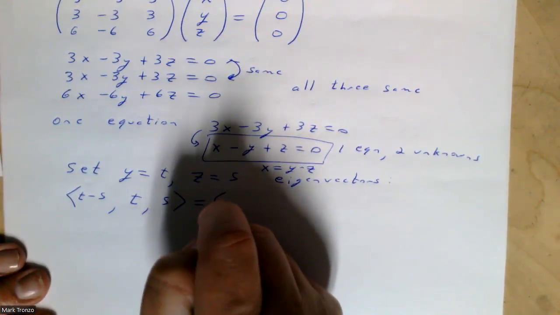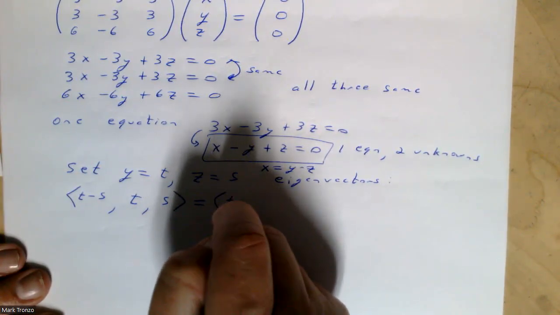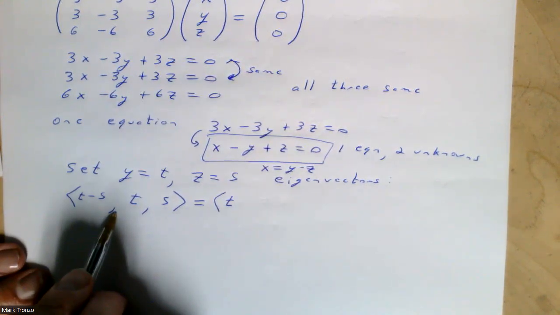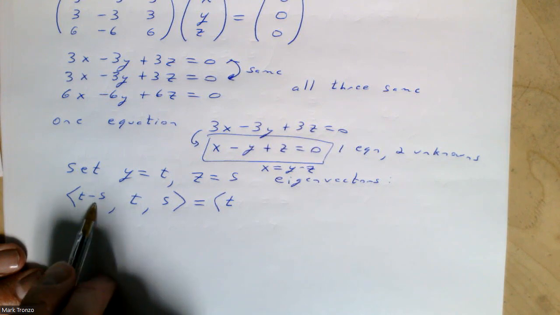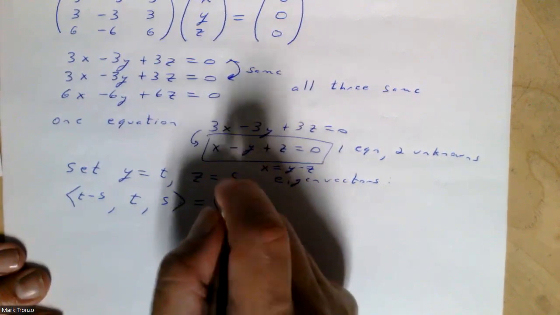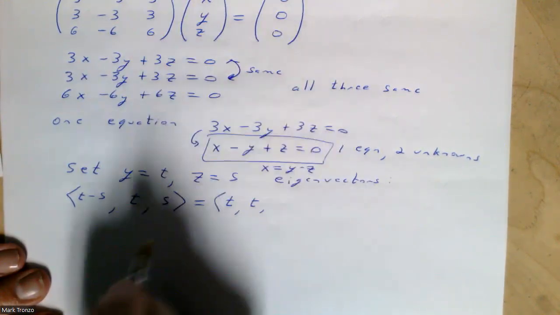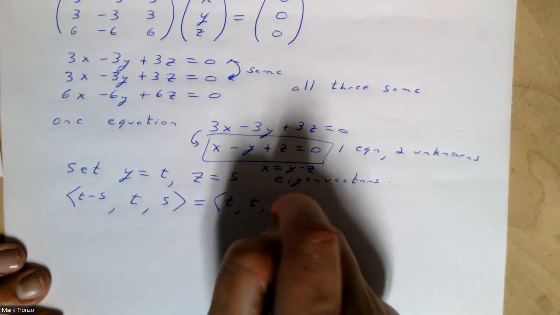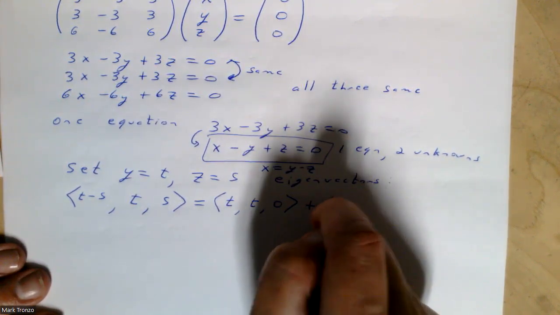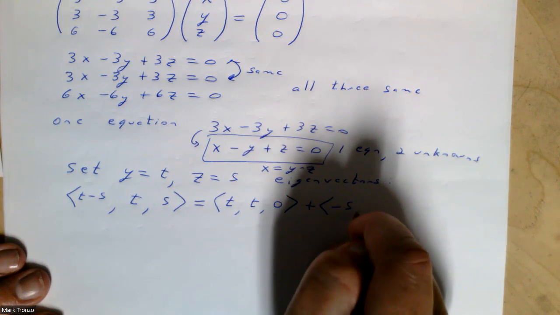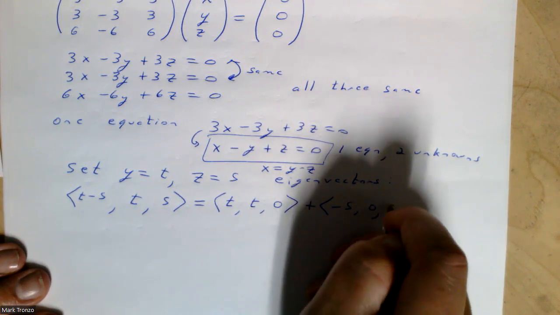This is going to give us, you can break this up into two vectors. Let's say you have one with t's in it: t, t, 0. And then one with s's in it: minus s, 0, s.